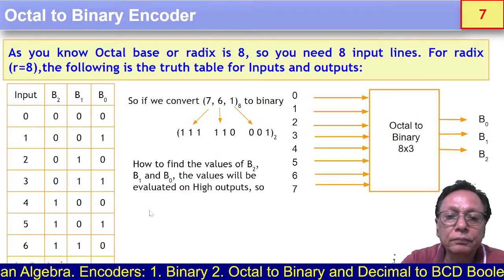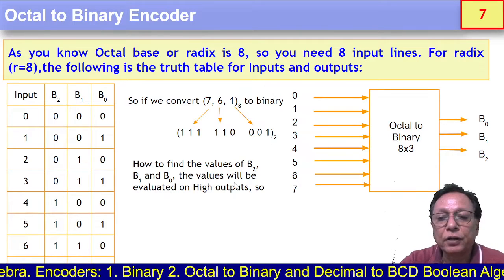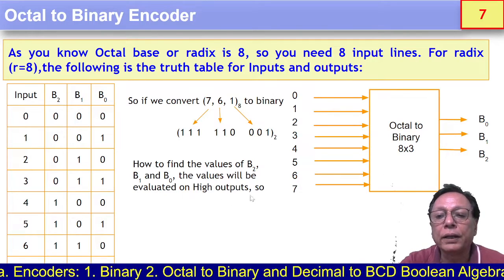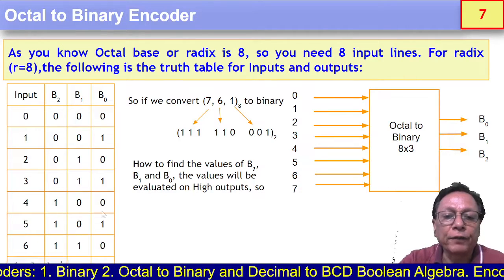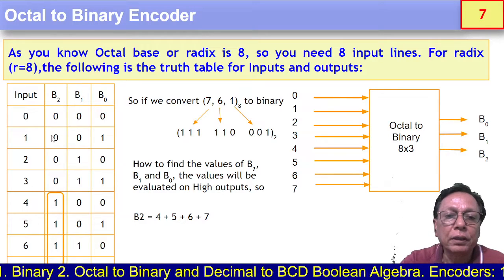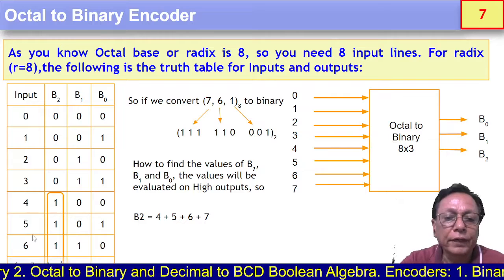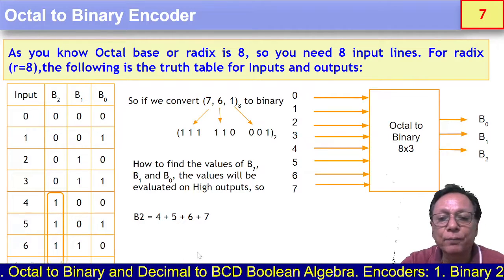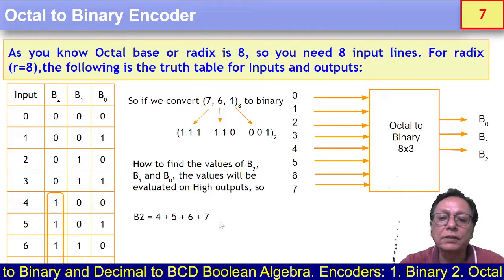How do we find the values of B2, B1 and B0? The values will be evaluated on high outputs. If you select B2, then the high inputs are 4, 5, 6 and 7. 4 or 5 or 6 or 7 means an OR gate is implemented here.